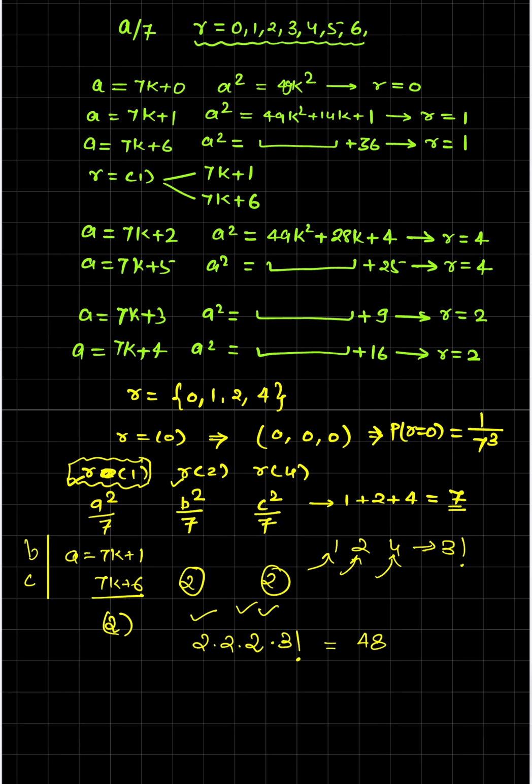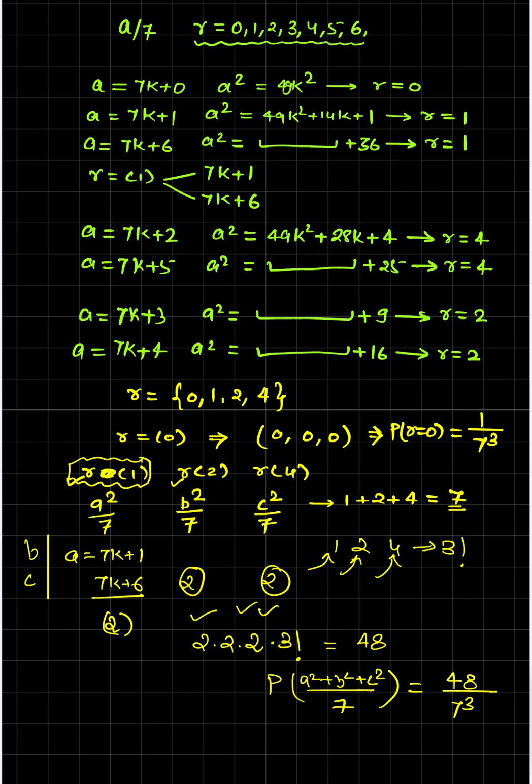In that case we are getting again a multiple of 7. So the probability that a square plus b square plus c square is divisible by 7, in this case, is 48 favorable divided by 7 cube.